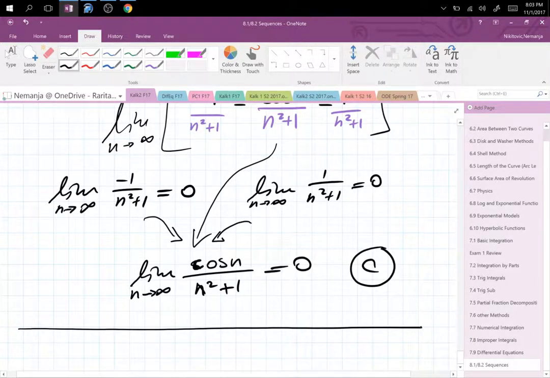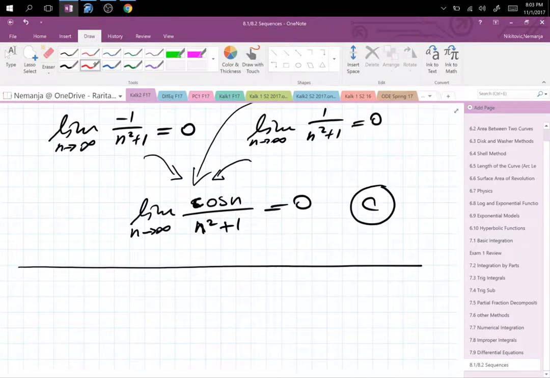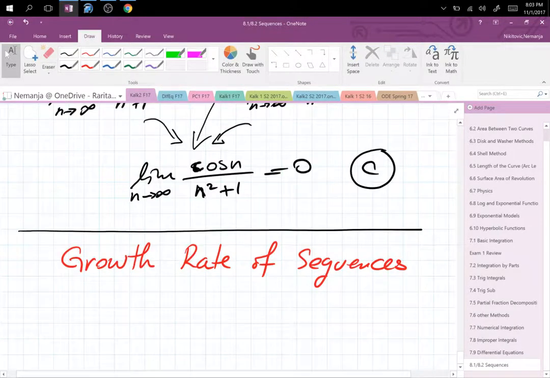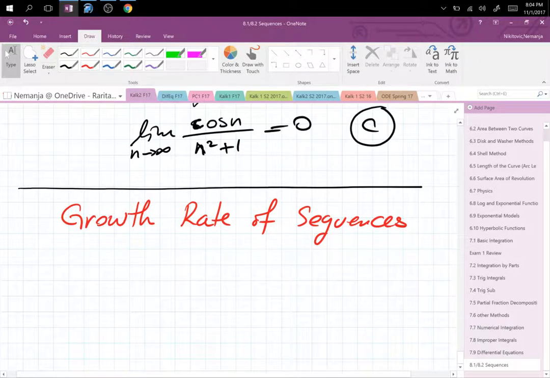So taking these limits might become a challenge, so what we do is we learn about the growth rate of sequences. And we have a roadmap for that.